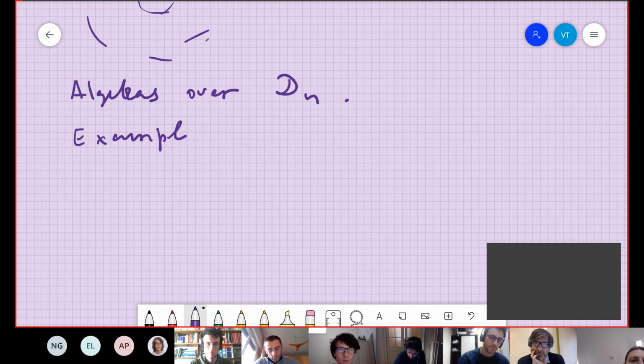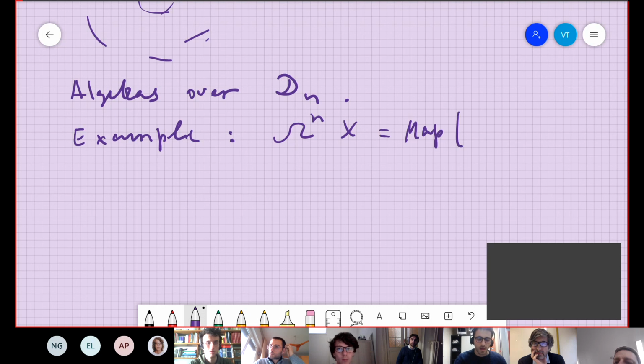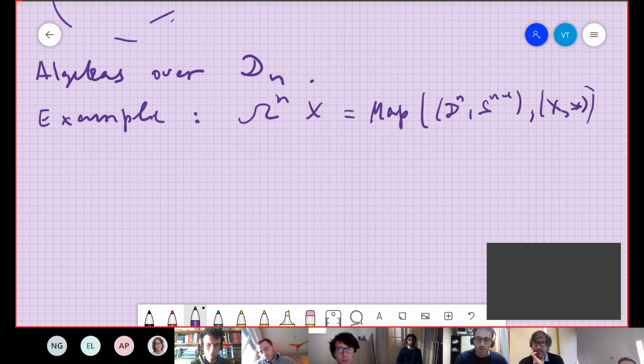And there is a very important example, as I said, the loop space. So these are so-called iterated loop spaces on a pointed space X, right? So this is the space of continuous maps from the pair Dn and its boundary Sn minus 1 to the pair X and the base point of X. For this space, we can naturally define the following maps.